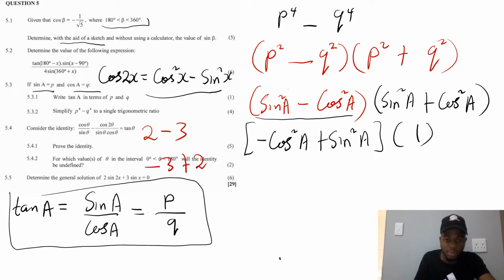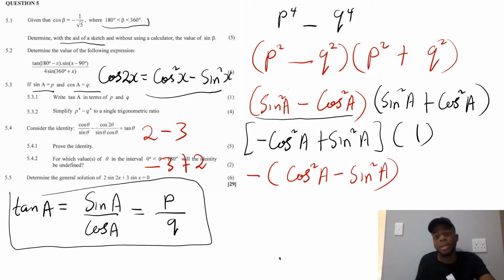You didn't change anything, only the positions. So now we need to factorize this expression with a negative. If I factorize with negative, I will be left with cos squared A minus sine squared A. That one is 1, so if you multiply by 1, nothing will change.